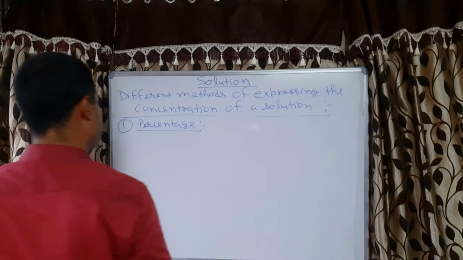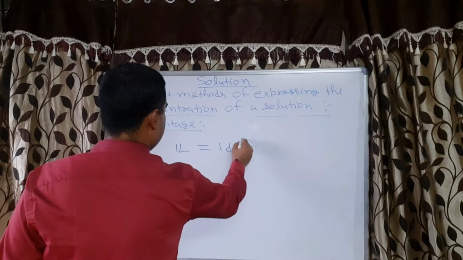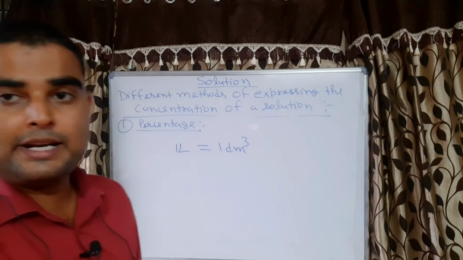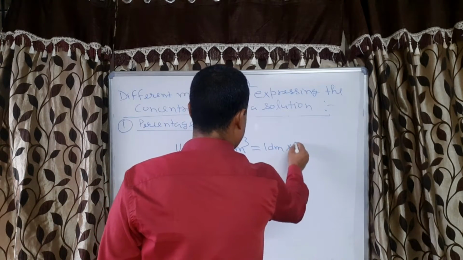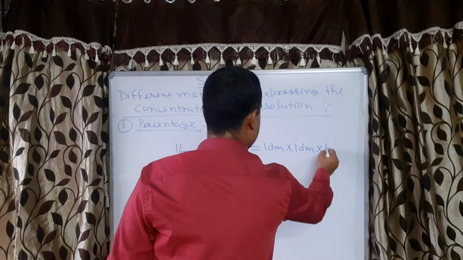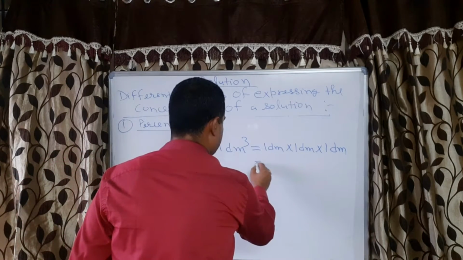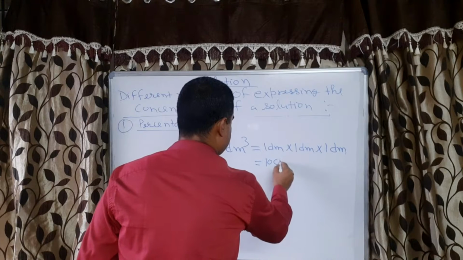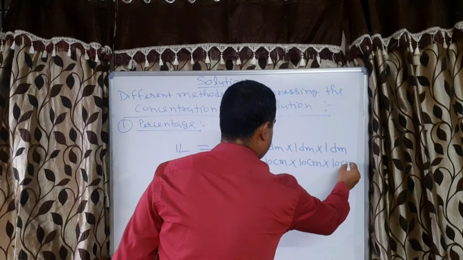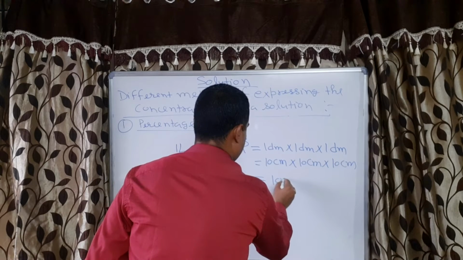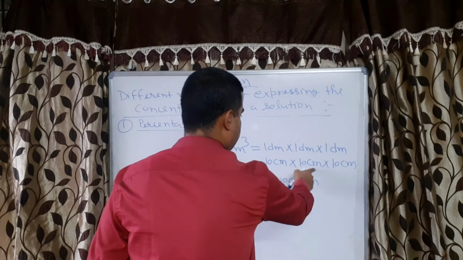Okay, see, 1 liter equal to 1 decimeter cube. And what is the meaning of 1 decimeter cube? That we can write like 1 decimeter into 1 decimeter into 1 decimeter. Correct or not? Now, 1 decimeter is equal to 10 centimeter. So it will be 1000 centimeter into centimeter into centimeter.